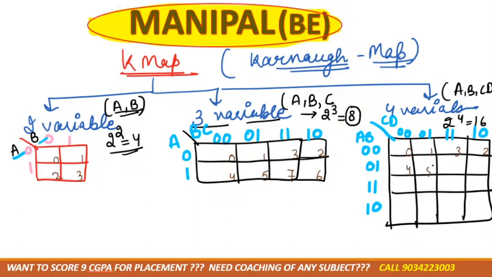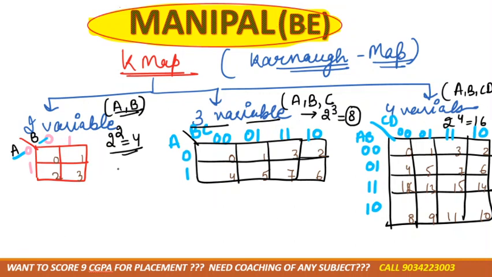Then 4, 5, leave the third column, 6, 7. Now completely leave this third column. Then it would be 8, 9, third column 10, 11. Then 12, 13, leave the third column, 14, 15. Okay. So it has 16 boxes, varying from 0 to 15. Understood this sequence? First of all, note it down.